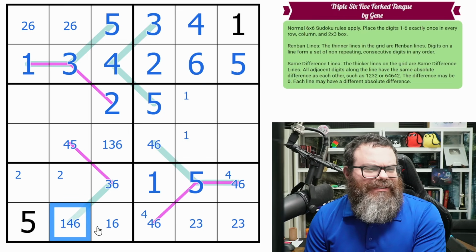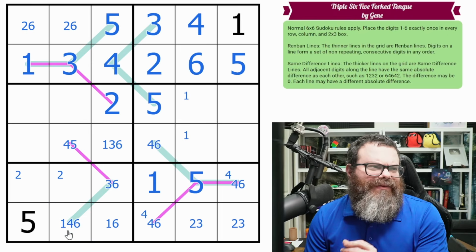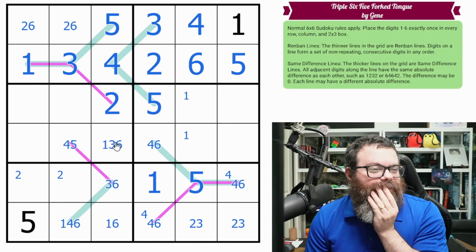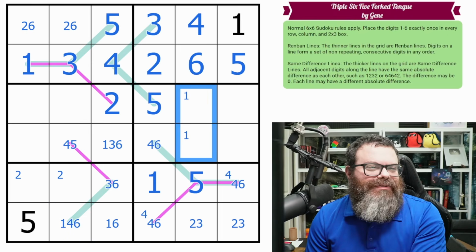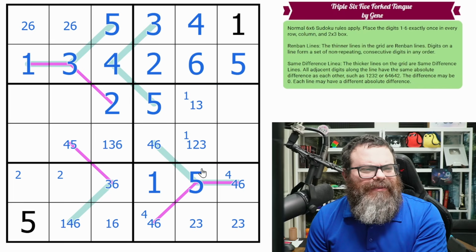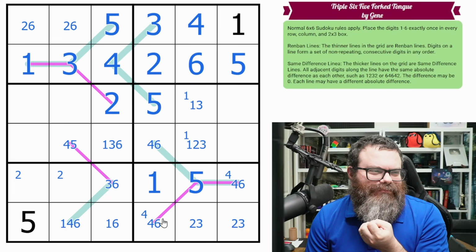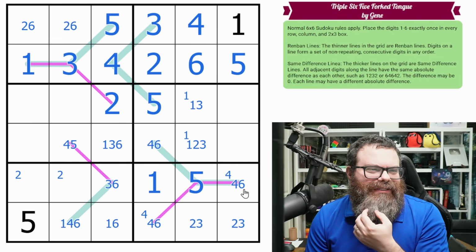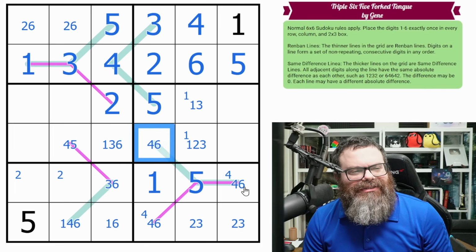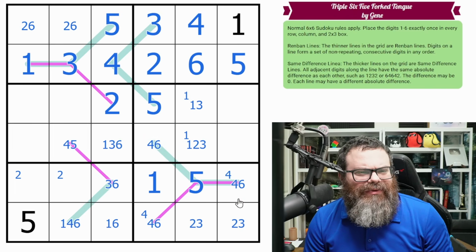This is 1, 4, 6. It doesn't matter what this is though. The line's fake. 1, 2, 3 here. It's not 2. Why do I just have this nagging feeling that I haven't thought about something important? Is there any line I haven't completed? These are equal. That just works out.